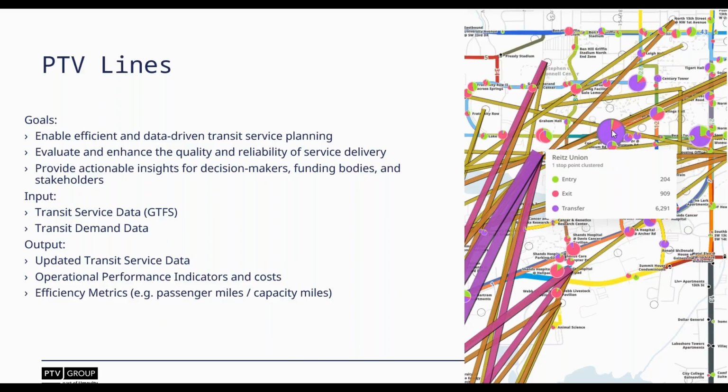And the third one is the efficiency metrics like passenger miles, or kilometers, of course, for those who are living in Canada or other countries having no miles, and the capacity miles. What we are focusing on today is showing the transit demand data and efficiency metrics.